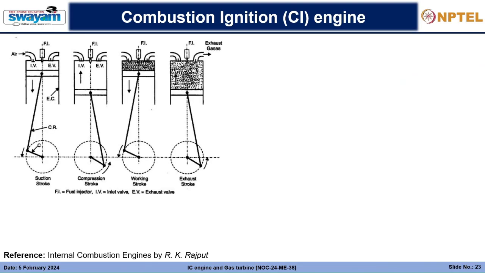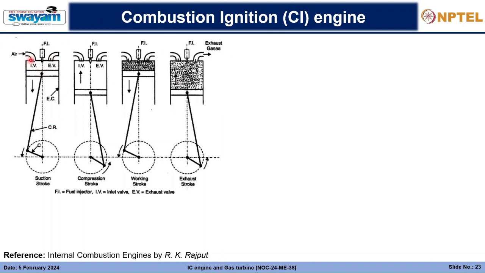So we will now focus on the compression ignition engine and try to find the thermodynamic relationships of the air standard cycle associated with the CI engine. So before going to the air standard cycle of the CI engine, which is the diesel cycle, let us talk about what a compression ignition engine or a CI engine is. It is very similar to the previous one, that is the spark ignition engine or the SI engine.